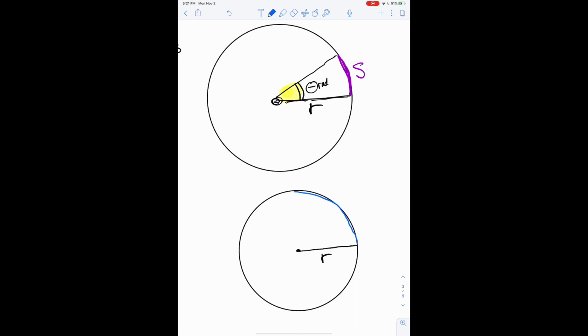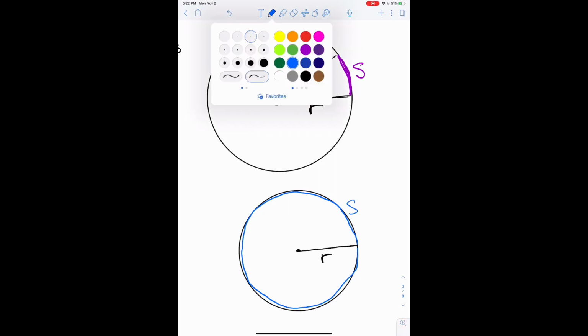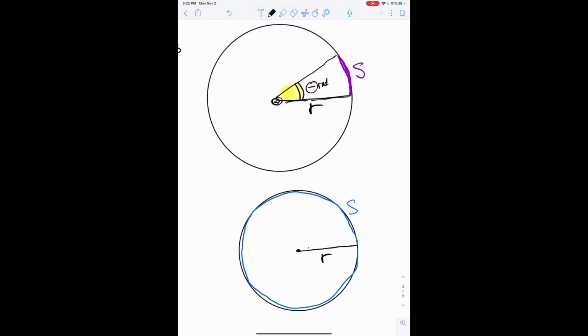What would that angle be in radians? So this is going to be S in blue. What would that angle be all the way around the circle? Say 360 degrees, but we're in radians, right? So what angle is this right here? You should be saying 2 pi radians.